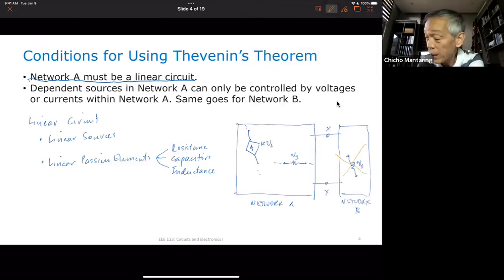Again, dependent sources here should be controlled by quantities inside here. And the same goes for network B. If there are dependent sources in network B, they should only be controlled by quantities inside network B. Hindi pwedeng galing sa network A yung magko-control itong dependent source na to. So those are the conditions for using Thevenin's theorem.